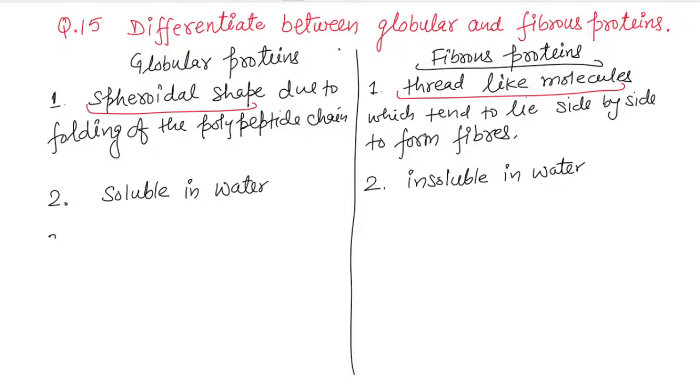Now, what is the third difference? Are globular proteins more stable or less stable?